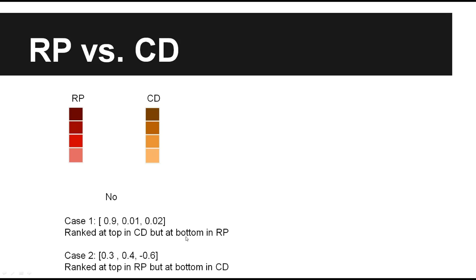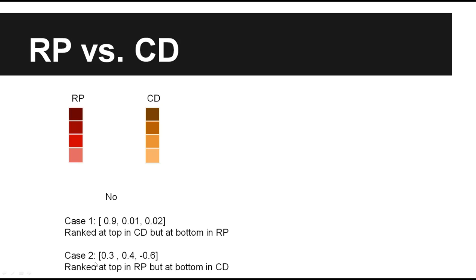But it will be ranked at the bottom in RP, because of these two small component values, the gene will have a very large rank in two of the three replicates and a small rank in the first replicate. So if you multiply them, the product will still be large, so it will be ranked at the bottom in RP.